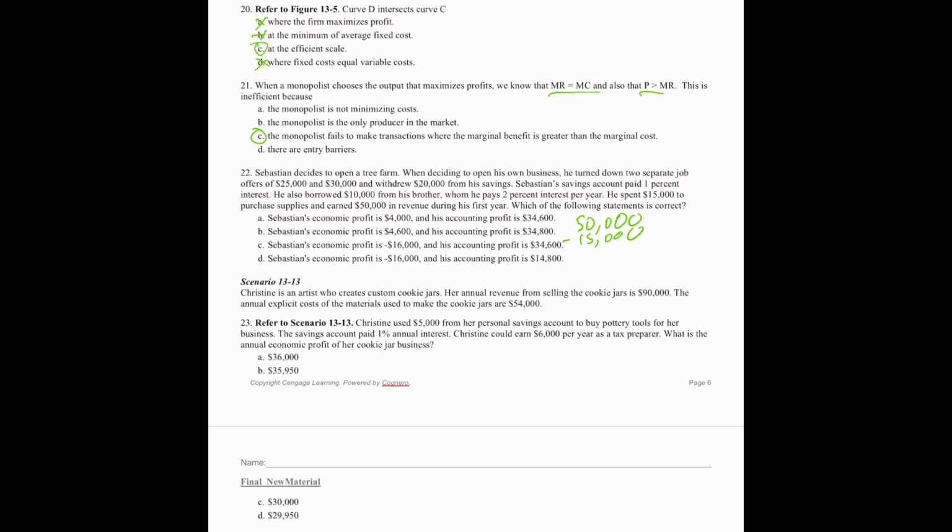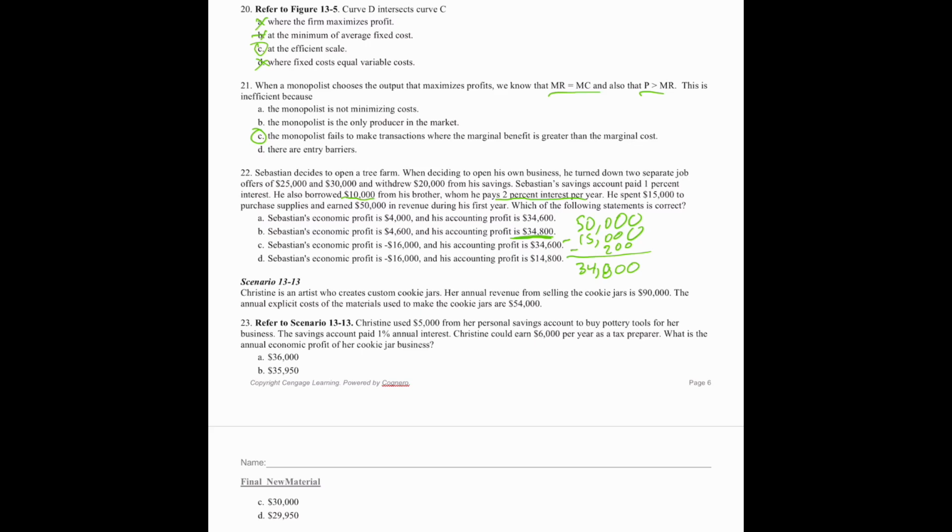And then we also need to take away that 2% that he's actually paying in interest a year on the $10,000 he borrowed from his brother. So then 2% of that is going to be $200. So then this is going to put us down to $34,800. Well, the only answer where that's the case is going to be right here.